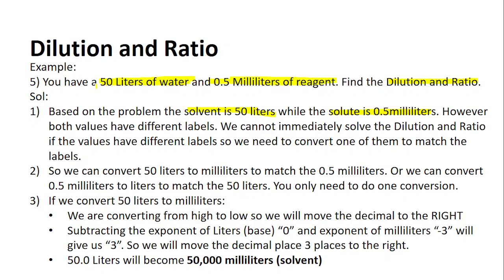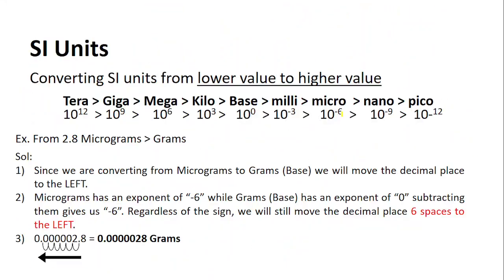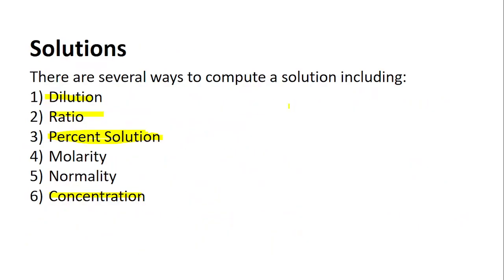Again, the solvent is the larger value, while the solute is the lower value. So, going back to the sequence, liters is the base, milliliters is below. So, 50 liters is bigger compared to 0.5 milliliters.